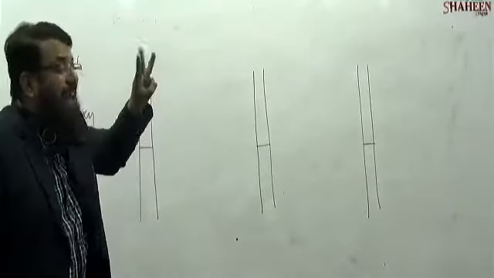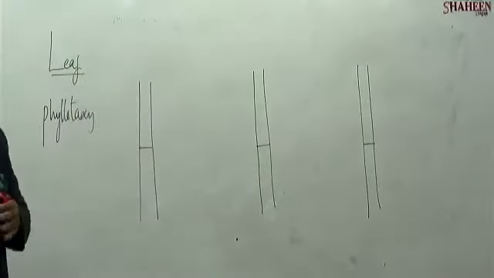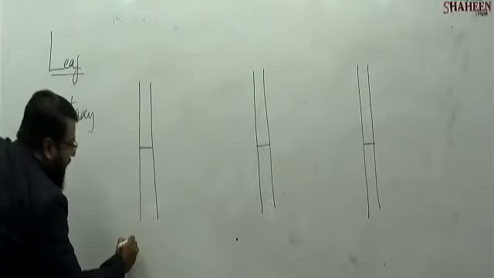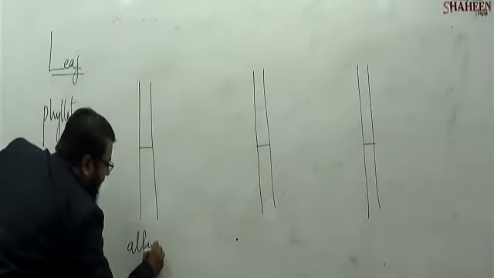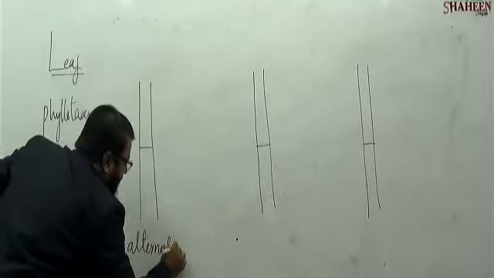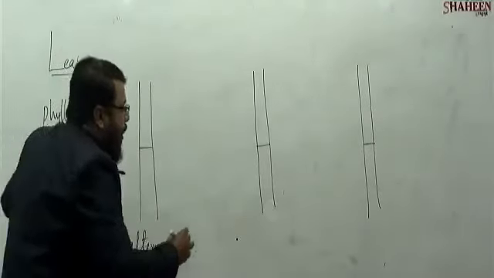We have three types of phyllotaxy. First one is alternate. Another one is opposite.